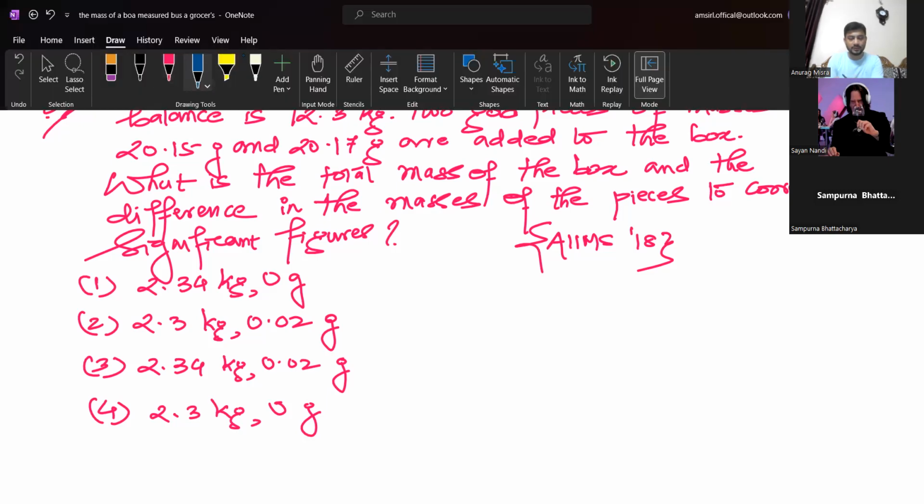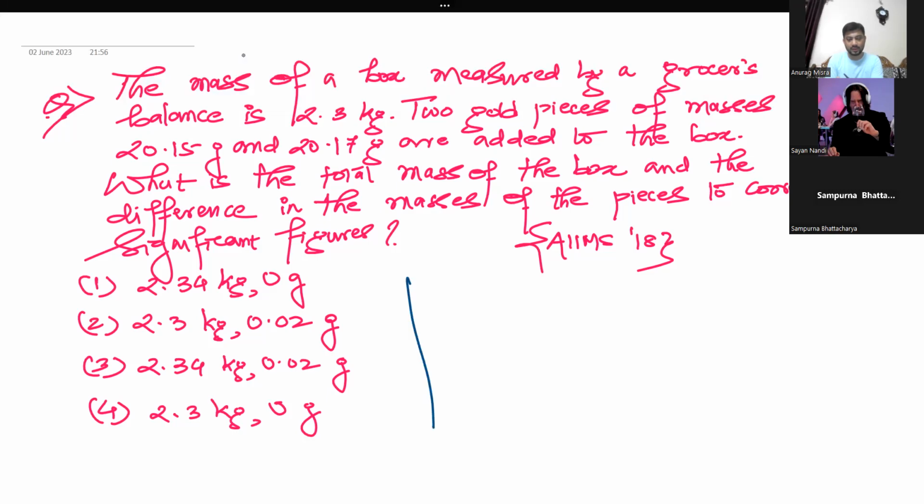How to solve it? Very simple. तो फर्स्ट केस में क्या करेंगे, एडिशन के लिए we will add 2.3 kg plus 20.15 gram means 0.02015 kg, and this will be 0.02017 kg. Yes or no?